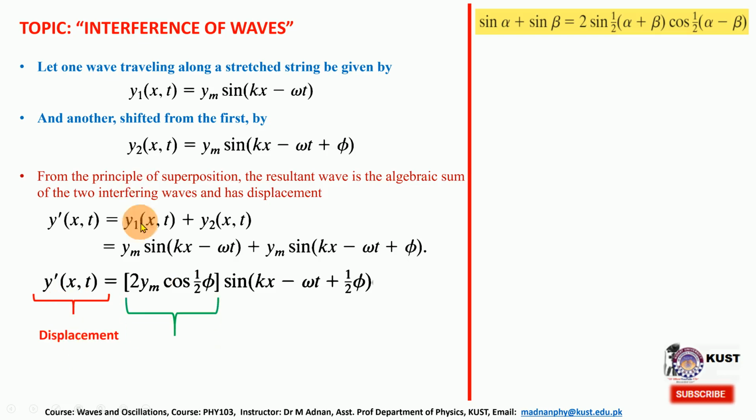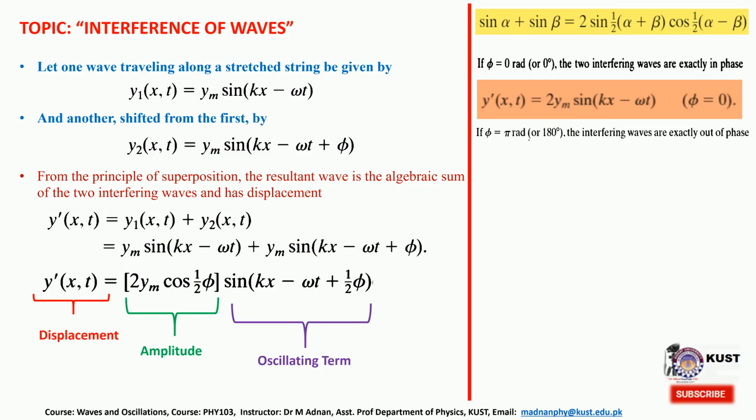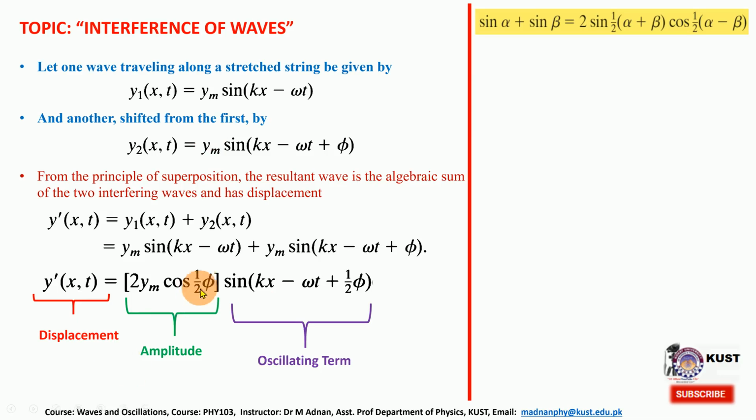If this one is the displacement, this is the amplitude. Now, ym is the amplitude of the first wave and ym is the amplitude of the second, but the resultant wave amplitude depends on the angle phi. And the third term is the oscillating term, that is, the resultant wave is still sinusoidal in nature.